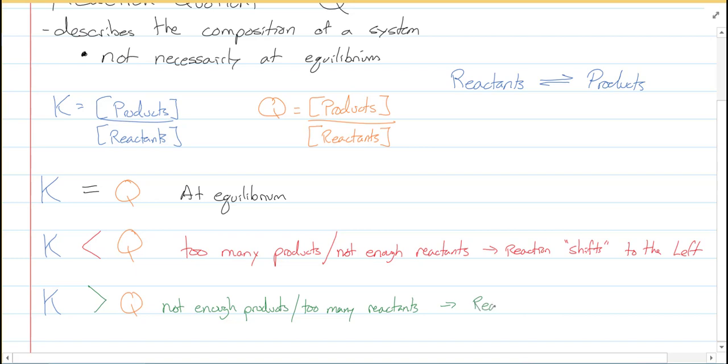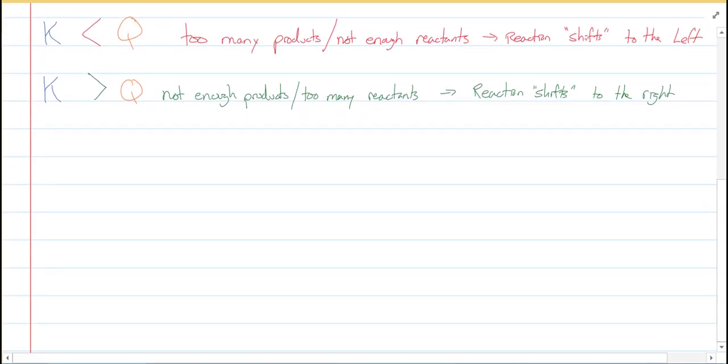So this reaction shifts to the right, to the products. We're just comparing Q to K in any situation, and we'll see where we're at in terms of equilibrium. Are we still before equilibrium? Maybe we have too many products, like we're past equilibrium and we have to go back. And so that is the reaction quotient Q. It just tells you where we're at in terms of K.